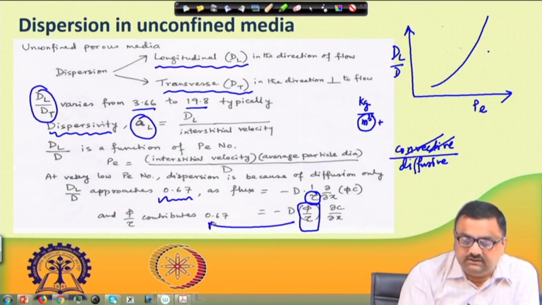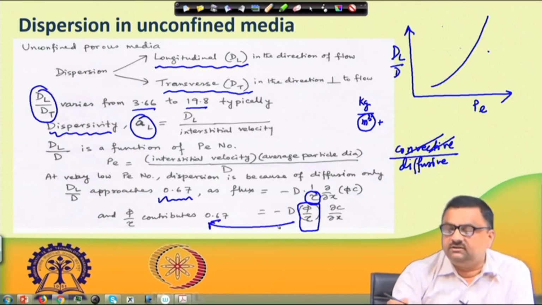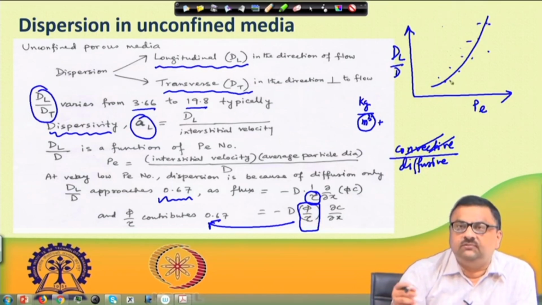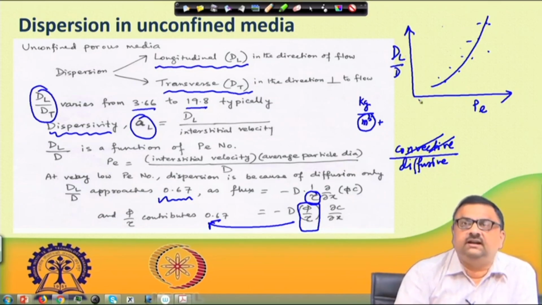Otherwise, this is something people have already seen. There is a good amount of literature available, where studies and reports were made on what the dl by d is for a particular porous medium as a function of Peclet number.